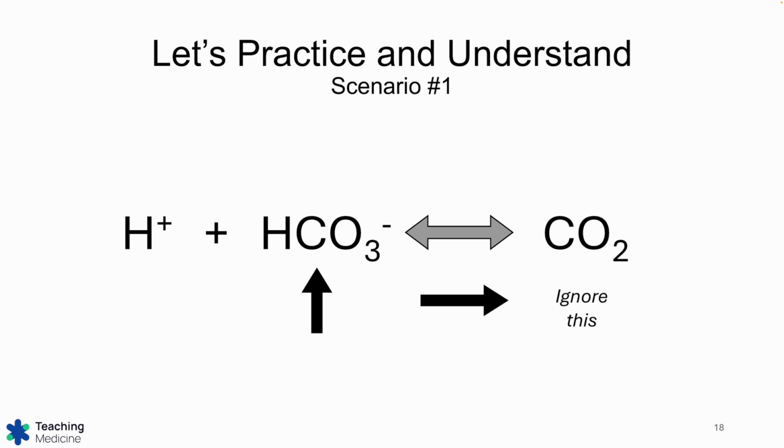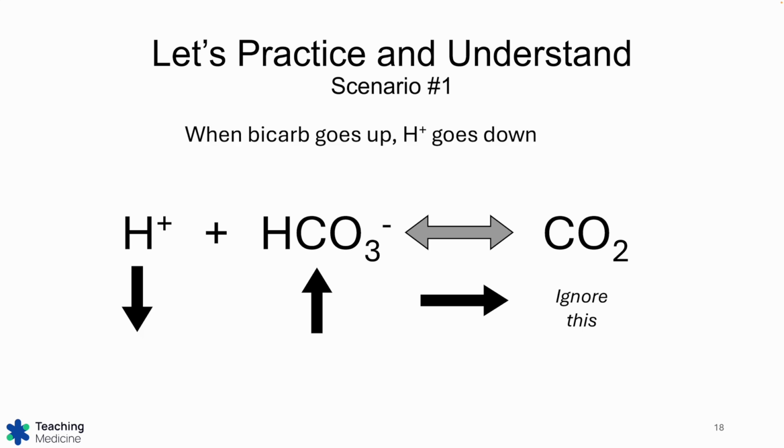When the equation shifts right, the bicarb and the hydrogen ions react with each other. This consumes the hydrogen ions, and therefore the hydrogen ion concentration goes down. So when the bicarb goes up, the hydrogen ion concentration goes down.